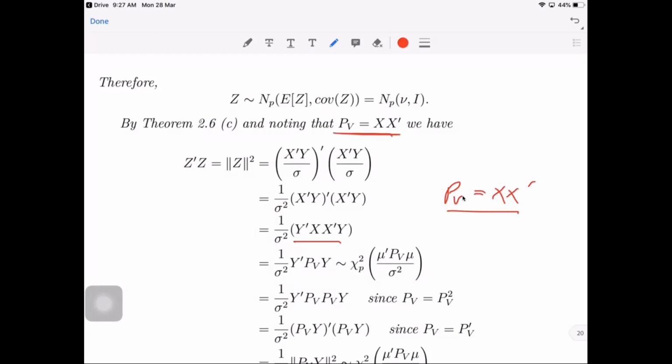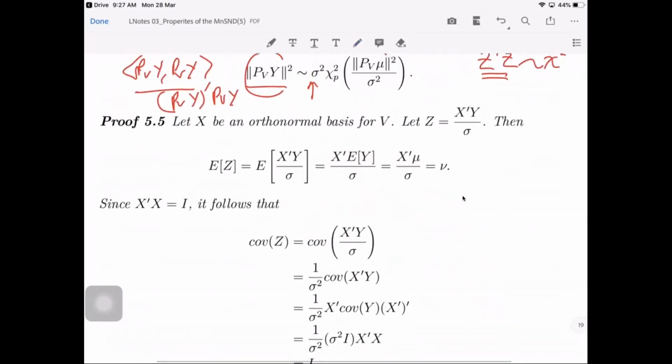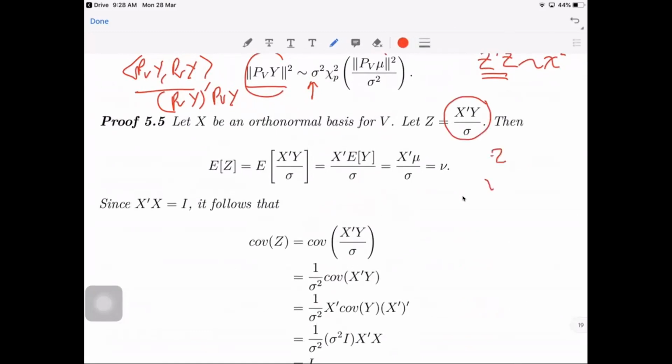So our goal is to find a variable Z such that Z prime Z is X prime Y over sigma, so Z prime is X prime Y over sigma.